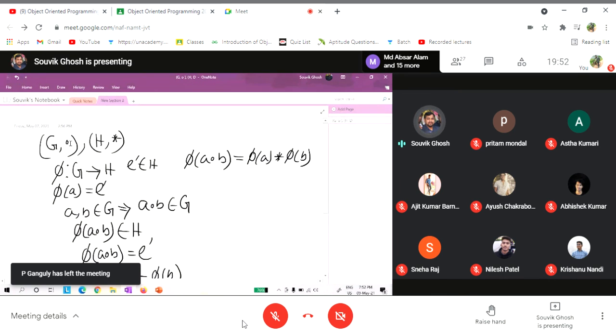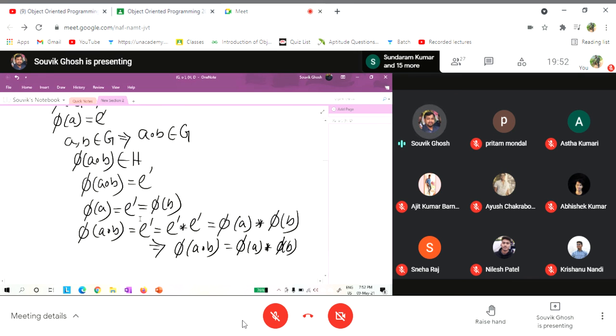So A composition B also belongs to the set G. Now since this is one element again in G, if we apply the function, phi of A composition B should belong to H. By the definition of the function, any element from the set G goes to E dash. So we can write phi of A composition B is E dash.